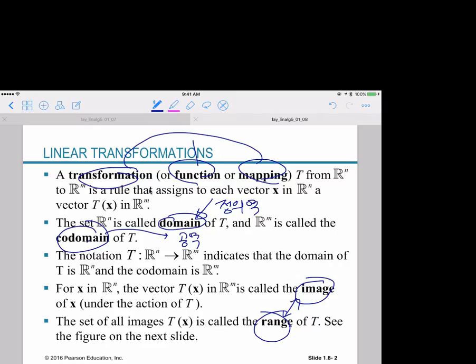Image or range? So this is a 치역. Okay, and then this is called so this is the meaning of it is something like this: function value or function output. Okay.